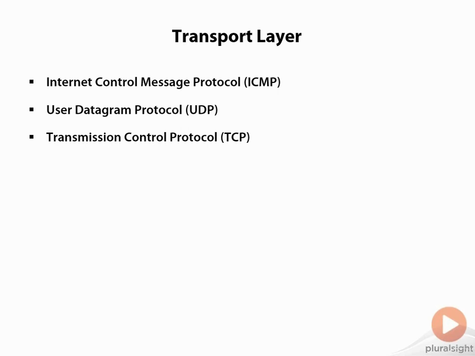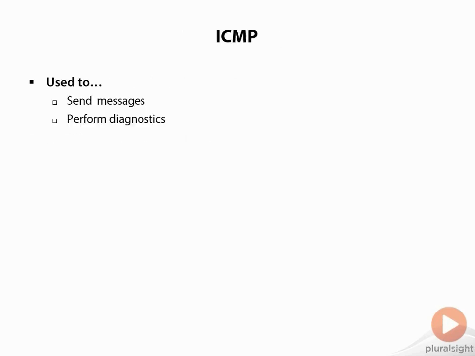We'll discuss each of these in turn. As we just mentioned, the transport layer controls the flow of data between hosts, but that's not the function of ICMP. ICMP is used to pass messages from one system to another or perform network diagnostics. In that sense, it really is more part of the IP layer. However, it functions at the transport layer, so we're discussing it here.